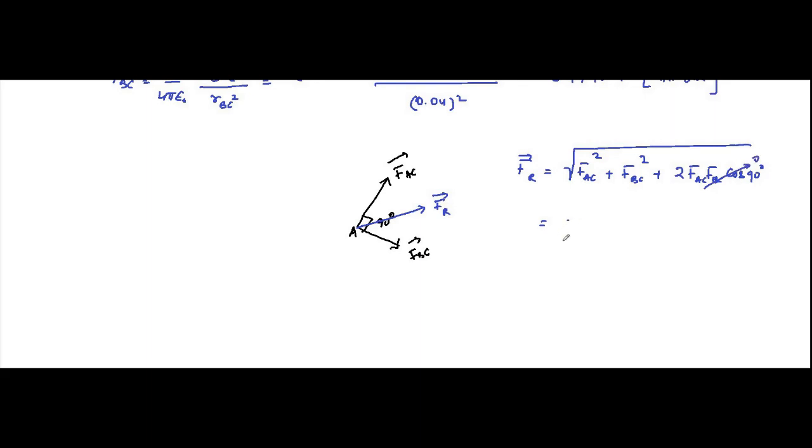So this will be equal to the square root of 1.2 into 10 to the power 5 whole square plus 0.9 into 10 to the power 5 whole square.